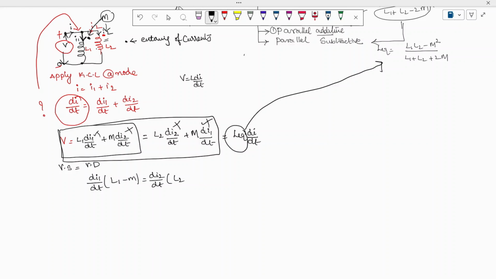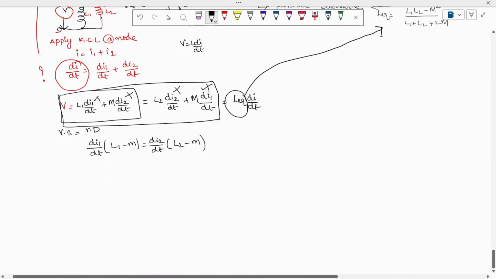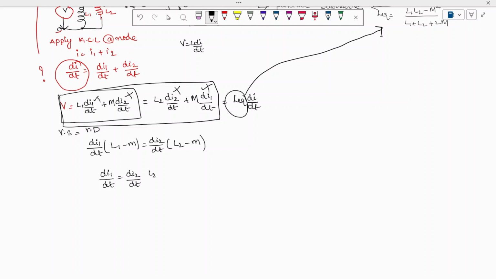Therefore I am going to get L2 minus M. So now I am writing in the form of di1 by dt. So the value of di1 by dt is equal to di2 divided by dt into L2 minus M divided by L1 minus M.